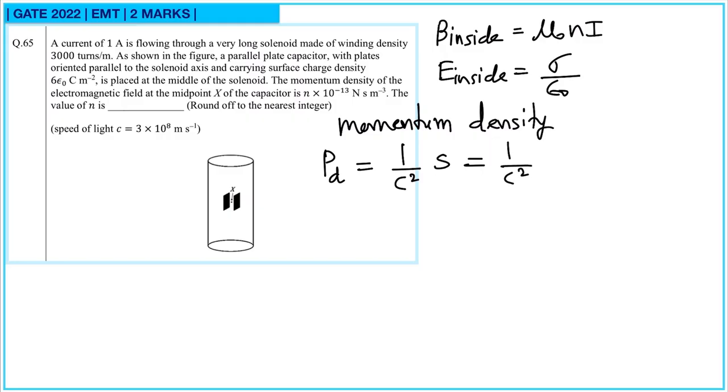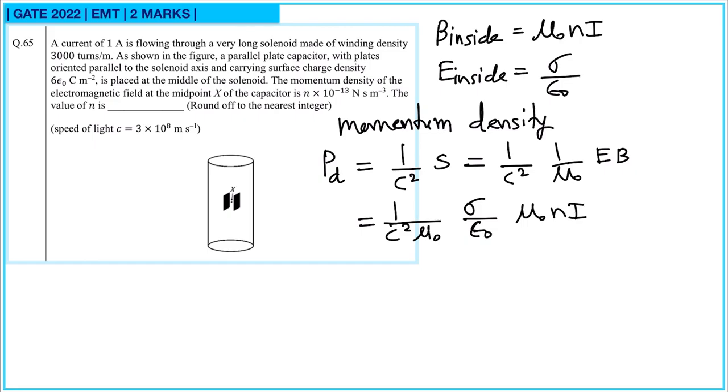Basically S is energy, so energy is p c square that we are using here. S is 1 upon mu naught E B. So this will be 1 by c square into mu naught into E, which is sigma by epsilon naught, into mu naught n I. So this mu naught will cancel out.